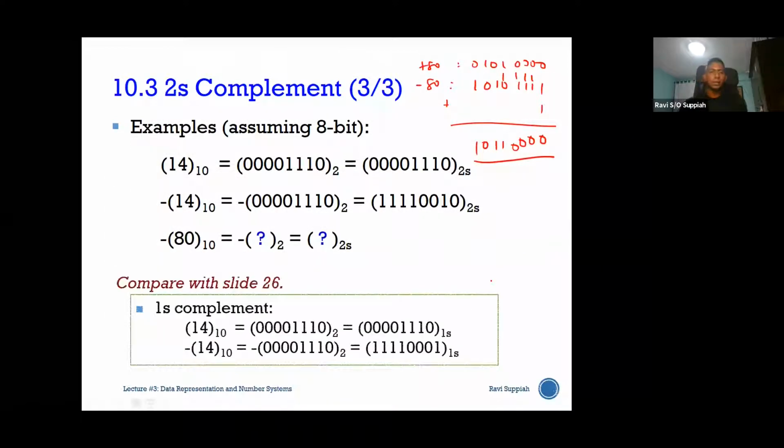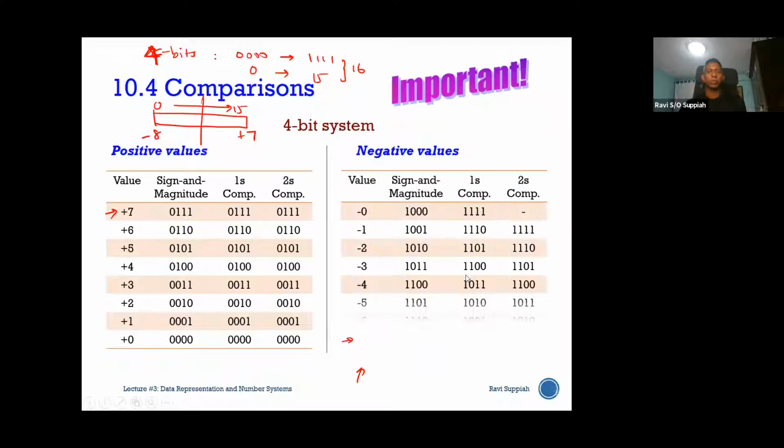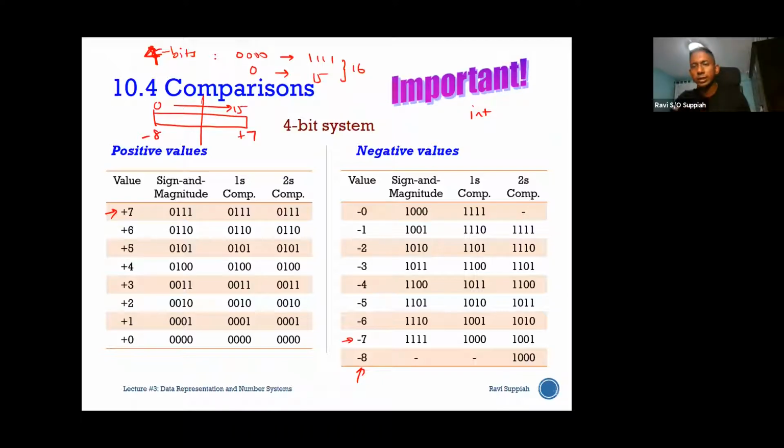This is important for you to understand. Why? Because when you declare variables in your C code, if I say integer, by default any variable you declare is treated as a signed variable. When a variable is signed, it is both plus and minus.